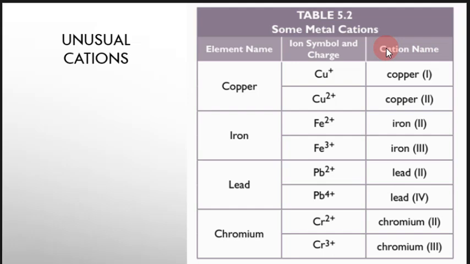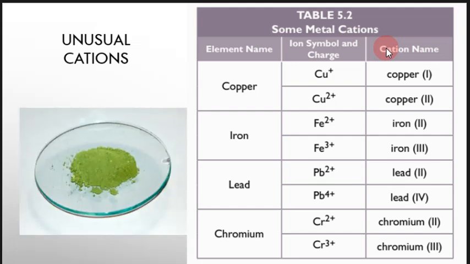Sometimes copper wants to lose one electron, so having a 1 positive, 1 plus on there, right? It actually looks a little bit like that in a powdered form. Did that surprise you a little bit, that copper would be that greenish color? Okay, that's called copper 1. And the 1 is in parentheses in a Roman numeral.